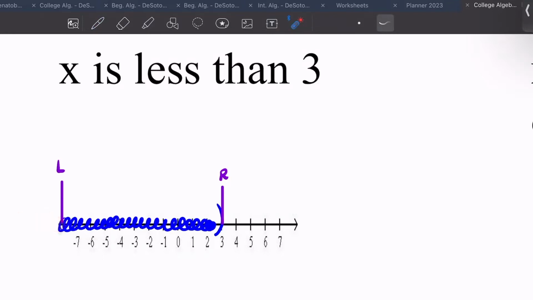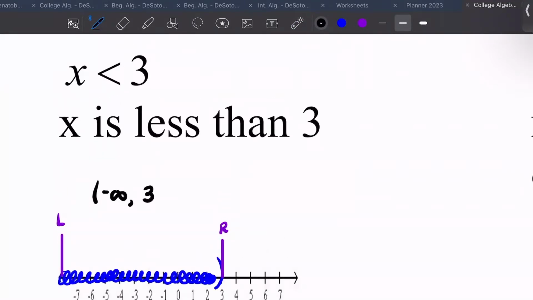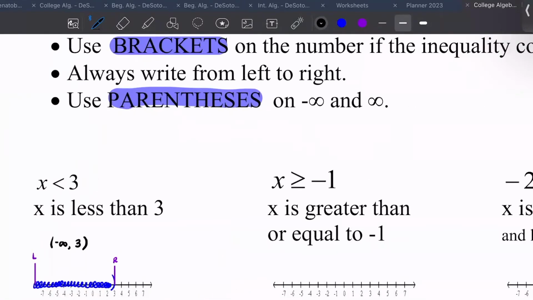So it's starting from negative infinity and it's going all the way to 3. It's getting really close to 3, but it's not touching 3, because 3 is not included in our answer. We want numbers that are strictly less than 3. So we're going to put a parenthesis on 3, and of course, one on negative infinity because that's our rule. That is what x is less than 3 would look like in interval notation.